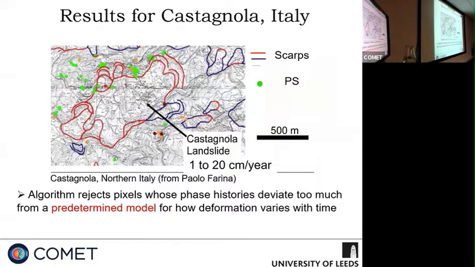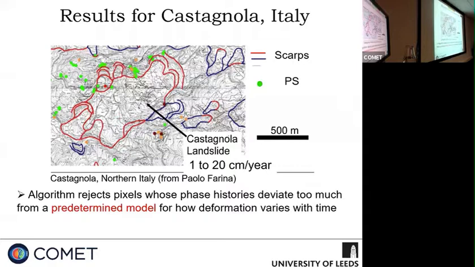Another problem with this method is that it relies on your deformation model. You use your assumption of linear velocity or exponential velocity, whatever you choose. But if your actual deformation does not follow this assumption closely enough, your phase residuals become too big again. You can't integrate your phase in your network and you start rejecting the points you're interested in.